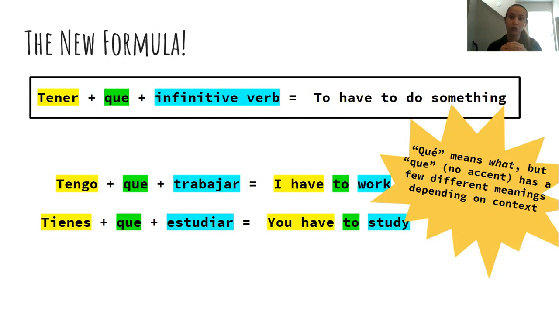Que is the glue that has to come in for it to mean to have to, tener que. I know that we've learned that an infinitive verb like trabajar means to work, but in this case, tener is a special verb, and we have to have that que in the middle for it to all stick together.